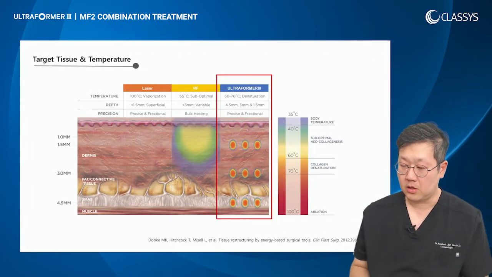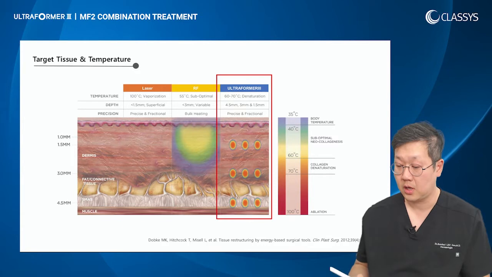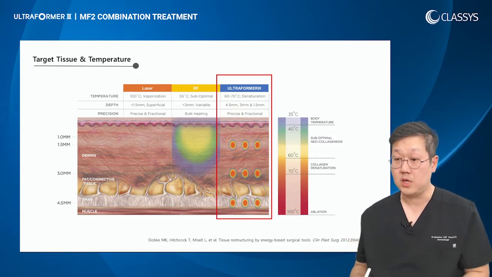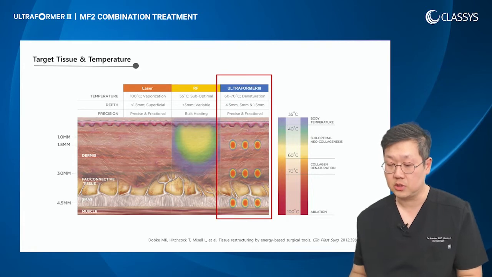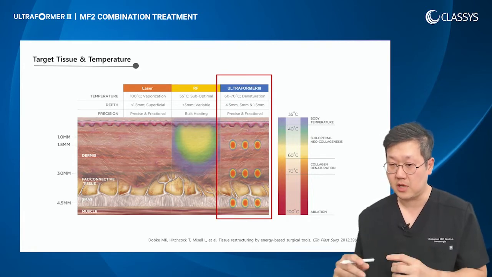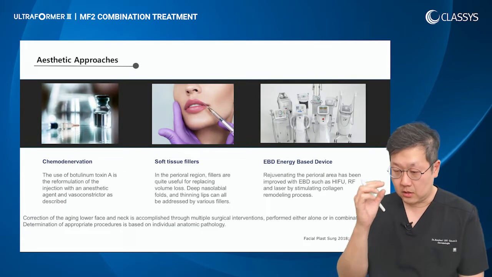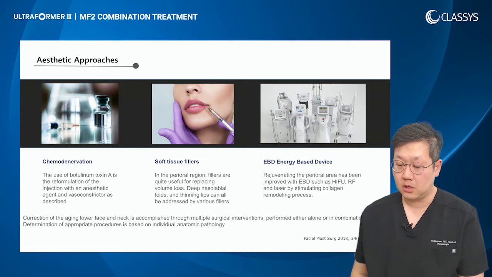But if you think about tissue temperatures, especially in the deeper part under the platysma muscles, we will need different approaches, and we need a precise depth approach, which is very suitable for high-focus ultrasound. And there are many other approaches.